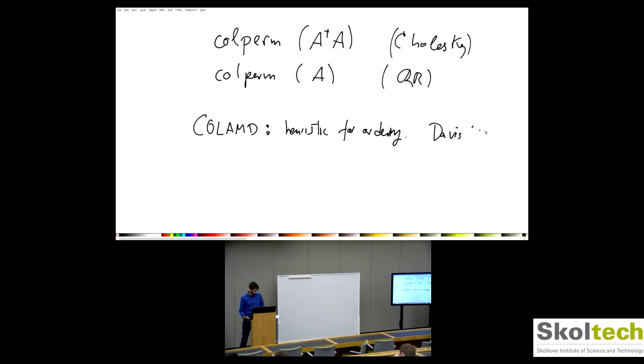This was published by Davis in 2001. And the other is the minimum degree ordering, I think, which is also implemented somewhere. Many other libraries like Eigen use this. And basically this is it, right? This is the best we can do. Well, maybe you can do more, but so far in this paper, this is what the authors have reported. This improves the solution of the problem a lot.